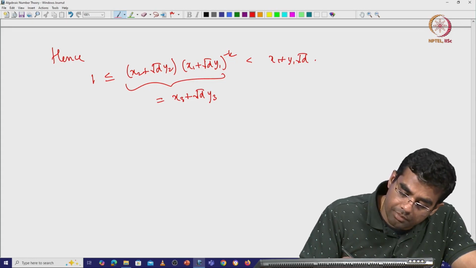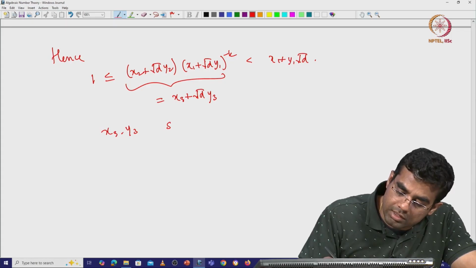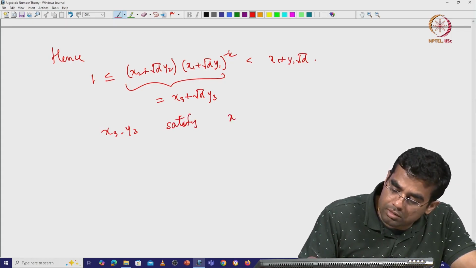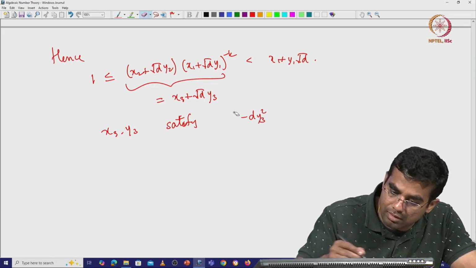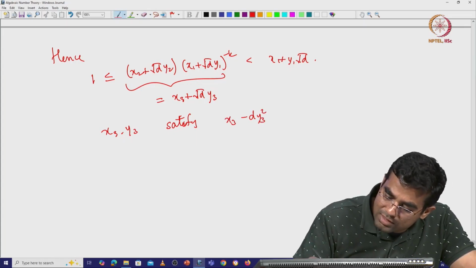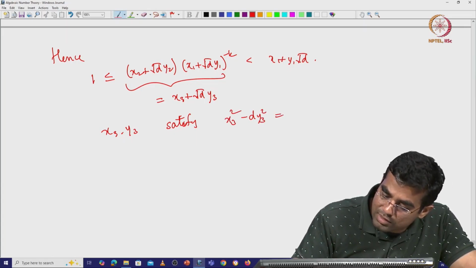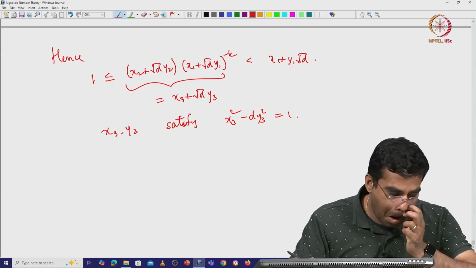So, this x3 and y3 also satisfy Pell's equation, x3 squared minus d y3 squared is also 1. Okay.